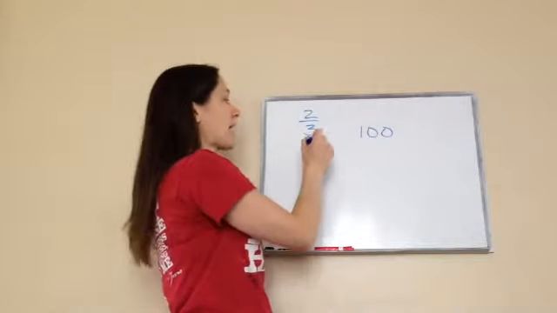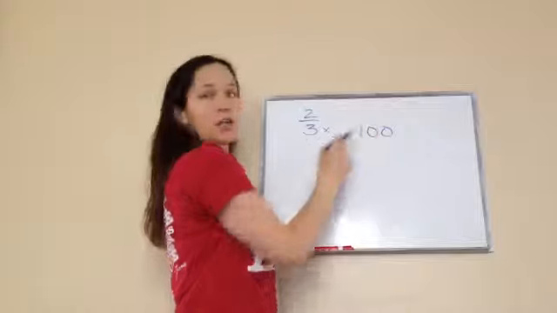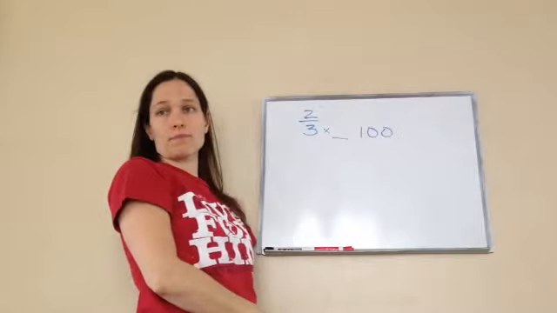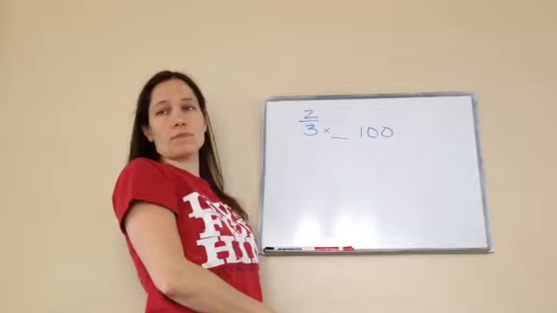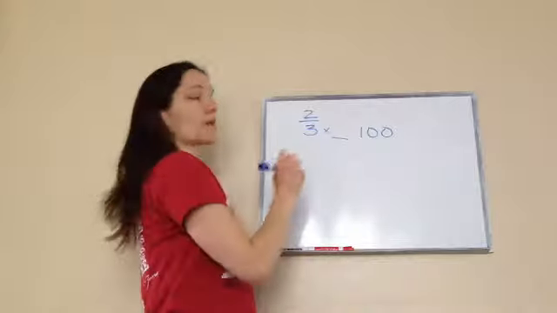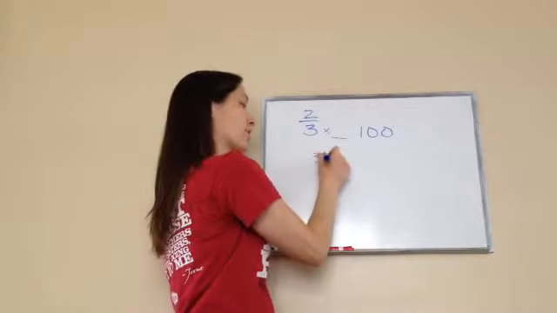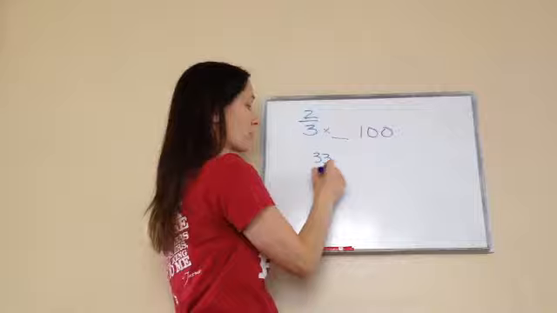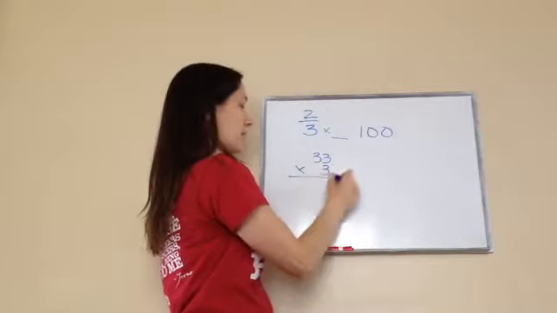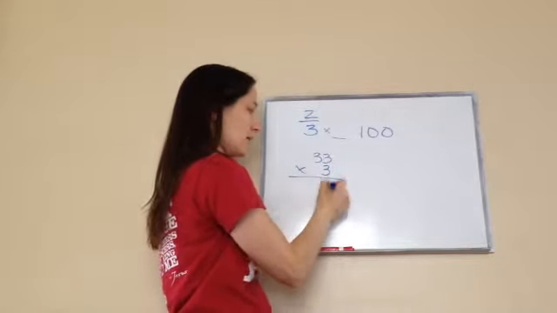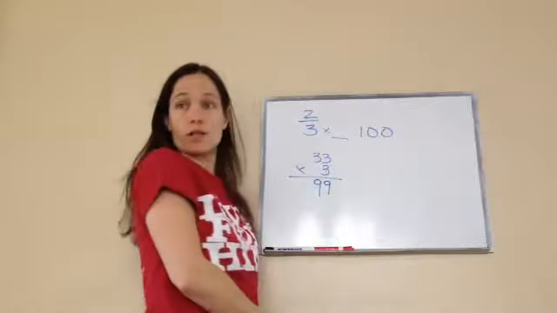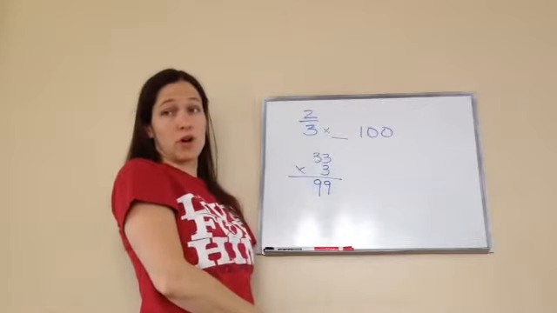Can I do 3 times something to equal 100 evenly? I'm going to go 33 times 3. And watch what happens. 3 times 3 is 9. 3 times 3 is 9. Got close, but we went over.